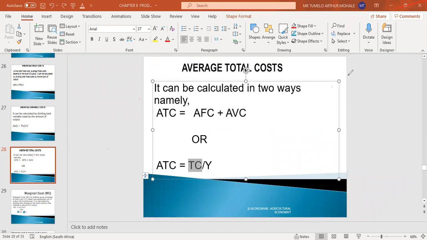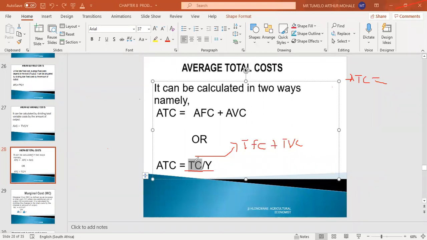So if you have ATC, you know that ATC is equal to TC over Y. But you know that TC is equal to TFC plus TVC, isn't it? We have established this before.